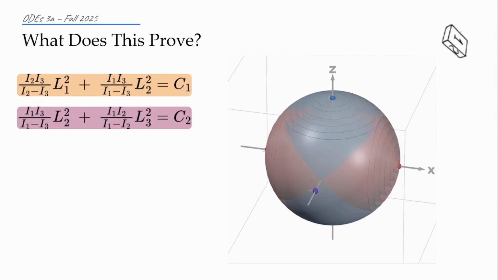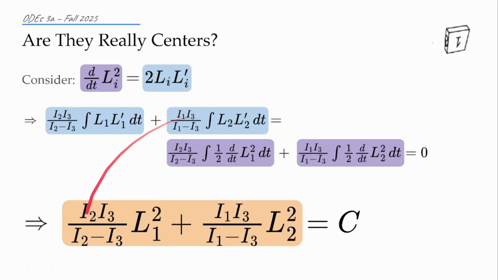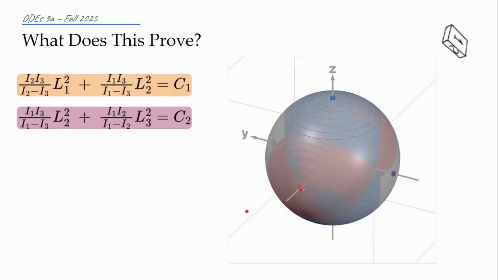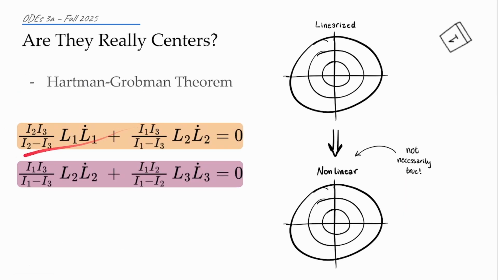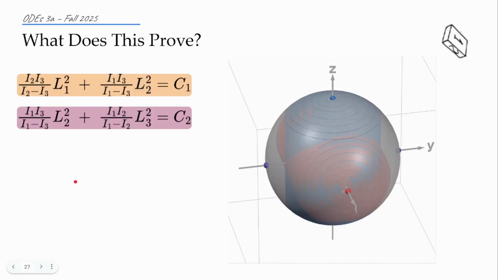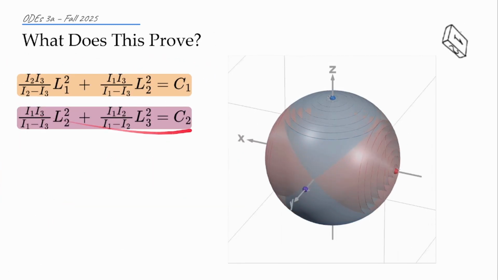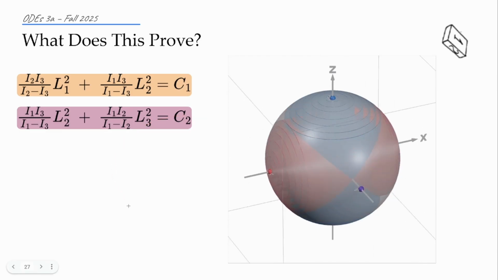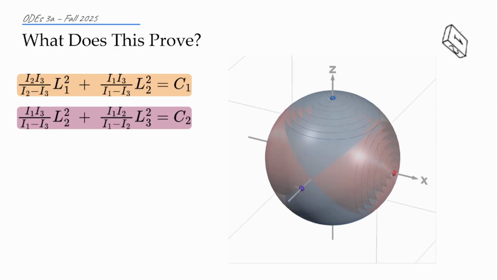So what does this prove? First, the orange equation here is the same as the orange equation here. This purple equation can be derived from this purple equation in the same way that this first equation can be. They're both equations of cylinders, with radii C1 and C2 respectively. They lie on the x and the z axes.